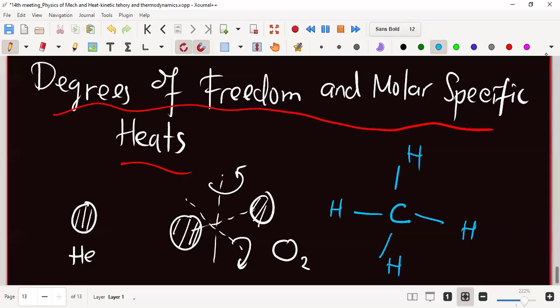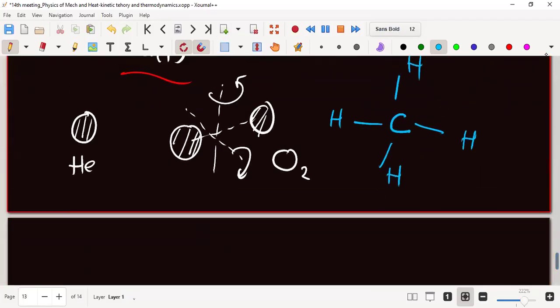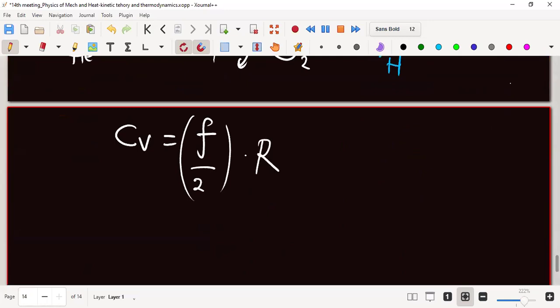So the specific heat in terms of degree of freedom can be written as C equals F divided by 2 times R. Here F is the degree of freedom.